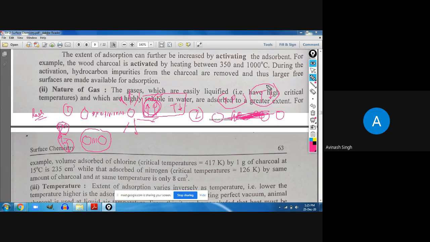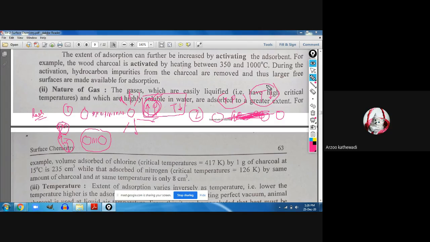Okay. Actually, so a gas that liquefies easily is more real or less real? More. A gas which can be liquefied easily is more real or more ideal?